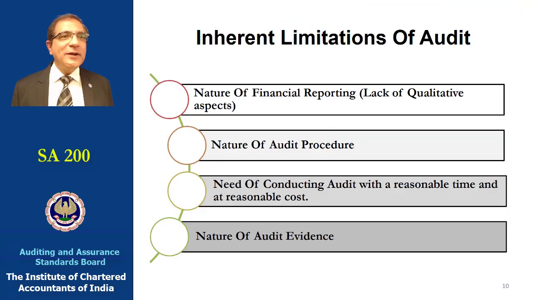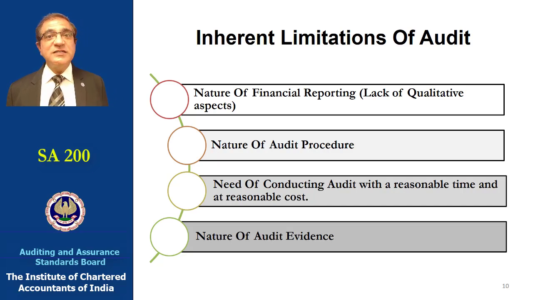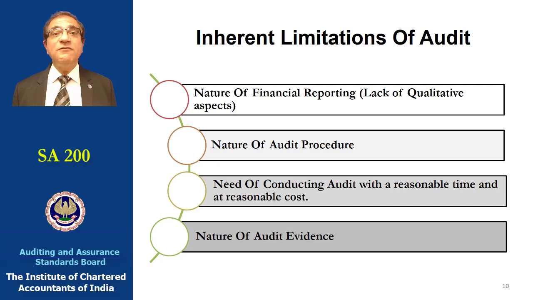Some of the inherent limitations of the audit relate to the nature of financial reporting. For example, there could be a lack of qualitative aspects. It depends upon the various gaps. It depends upon the various reporting frameworks. Accordingly, you need to take a professional judgment as to whether these financial statements under different reporting frameworks are being prepared in line with such reporting frameworks, both in terms of presentation and disclosure and in terms of recognition and measurement.